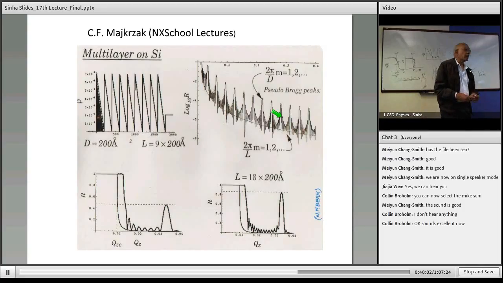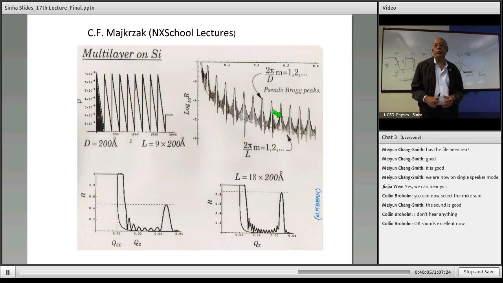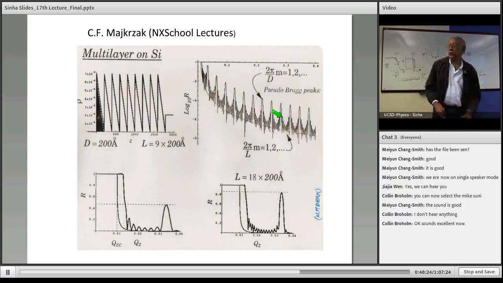But in addition, there's also the Debye-Waller-like factor, which is due to roughness. And so roughness will take down the higher order peaks, and resolution might often wash out some of these fringes also. So whenever you analyze reflectivity data, you have to take into account roughness. You have to take into account finite instrumental resolution when you're fitting your data.